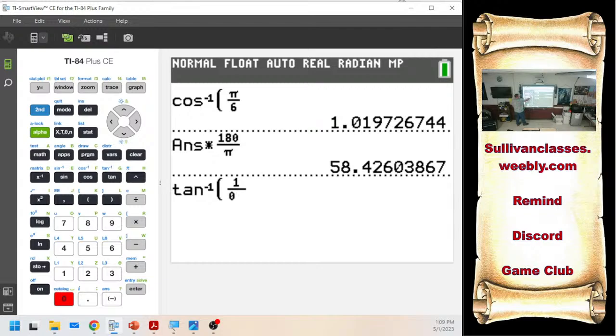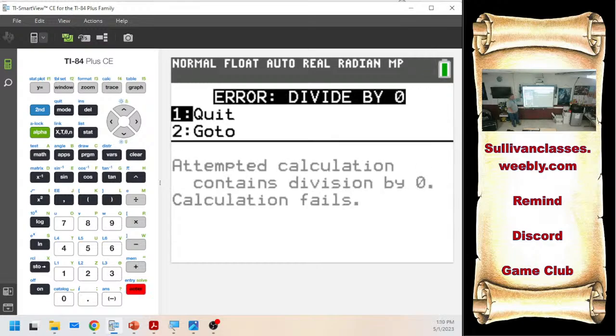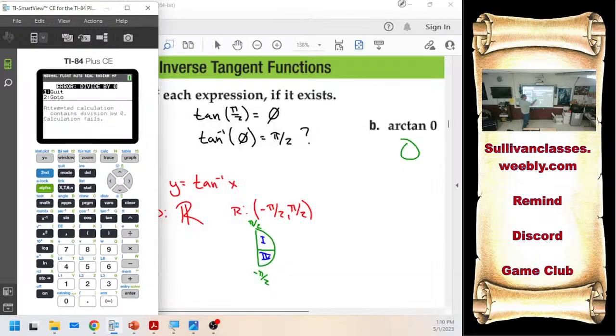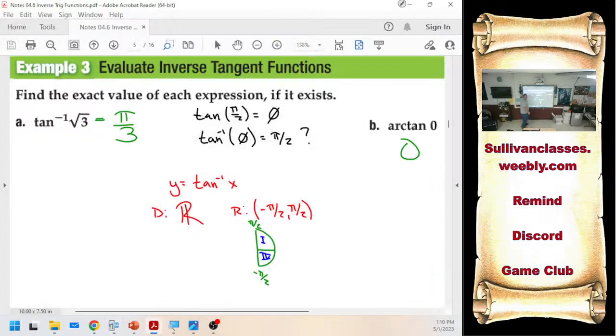I mean, that's undefined. Could I do that and would it actually tell me? It would say, you can't do that. No, I can't plug in an undefined. So no, this does not work, even though it seems kind of intuitive that you can go back and forth between ratios and angles. I can't get away with that.